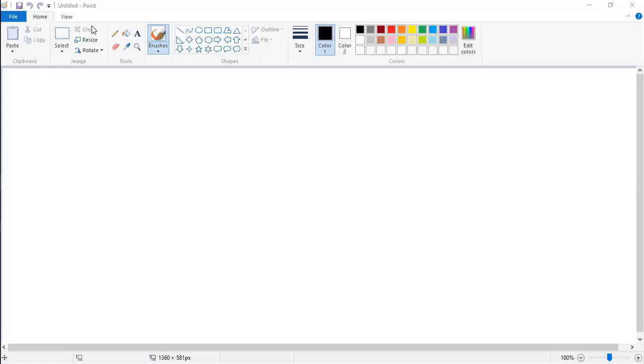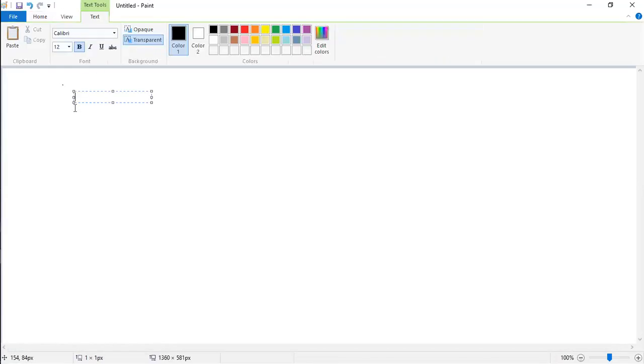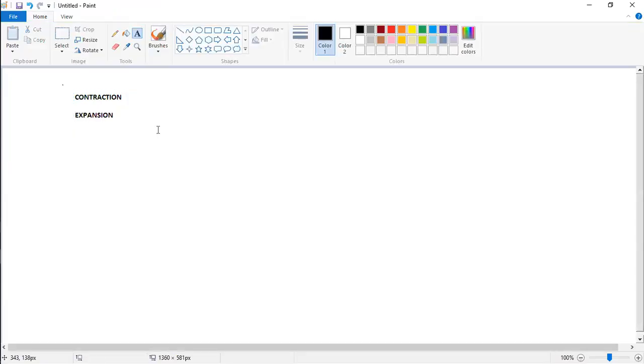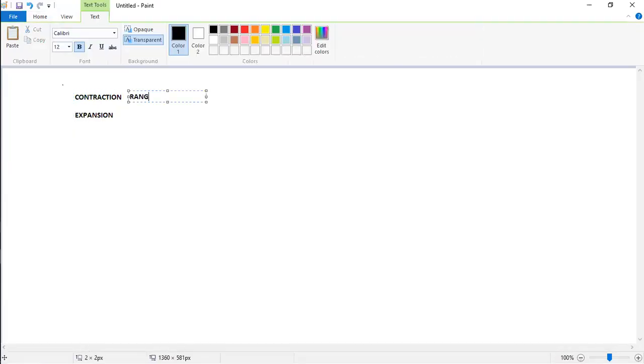So contraction and expansion is just a concept that you just need to know. Contraction also means range, also means consolidation.